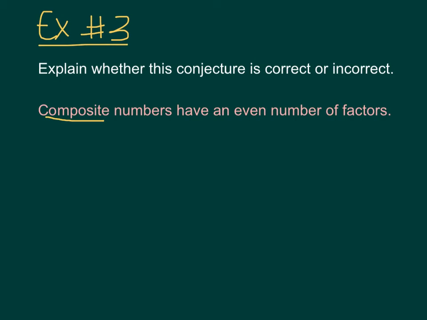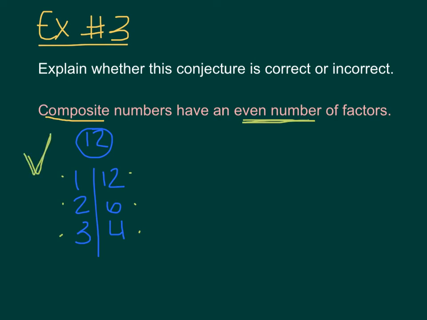Let's start with the number 12. And let's go ahead and list those factors. 1 and 12, 2 and 6, and 3 and 4. And let's count up how many factors it has. It has 1, 2, 3, 4, 5, 6 factors. And 6 is an even number. So that would prove it to be true.